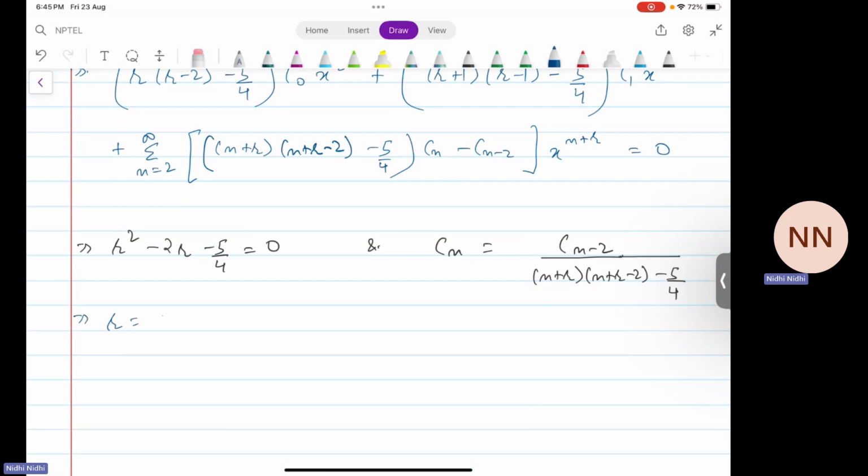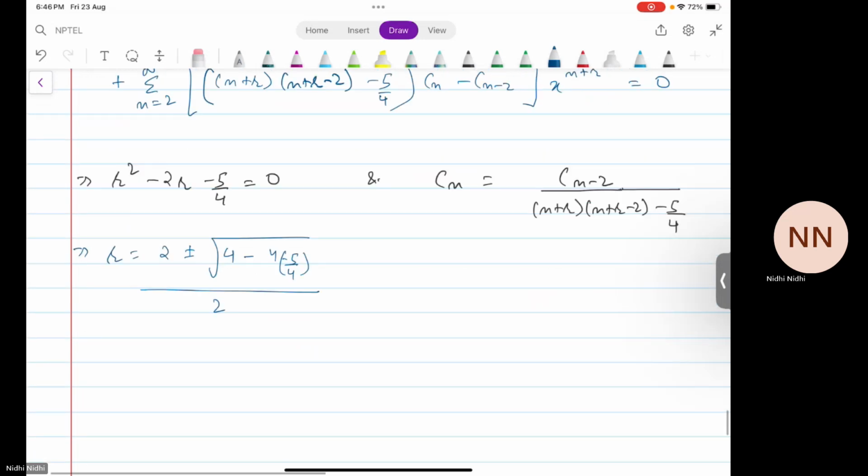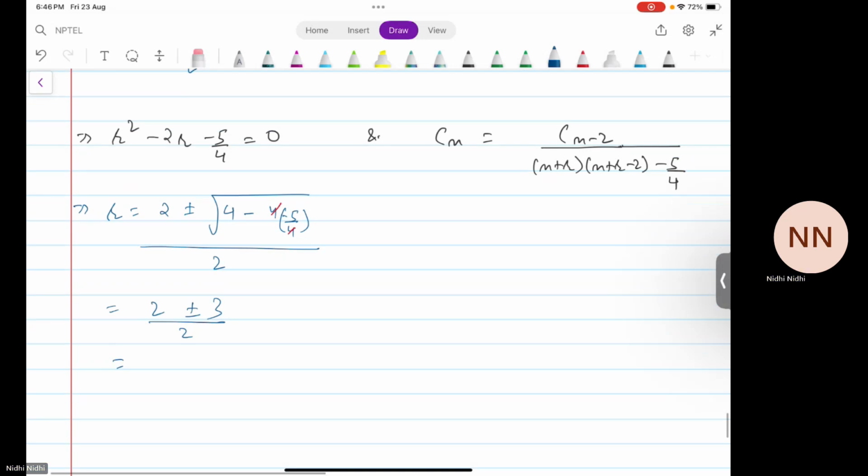R is equal to 2 plus minus under root 4 minus 4 times minus 5 by 4, by 2, which is 2 plus minus. Now this gets cancelled out. We're left with 3 by 2, which is 5 by 2 and minus 1 by 2.